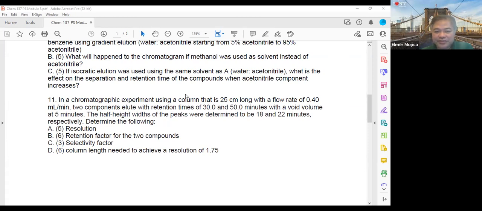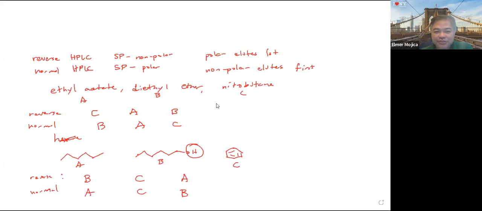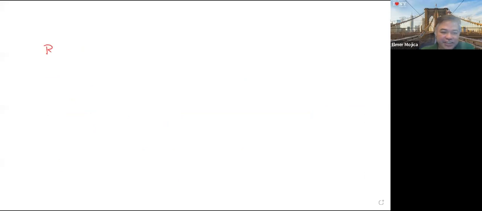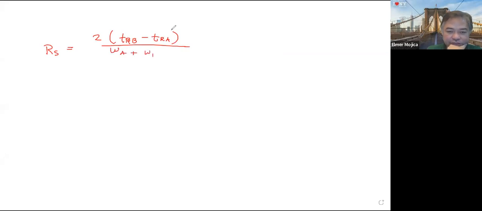How do we write the resolution? Rs equals 2 times (tRB minus tRA) over the width of A plus the width of B. Now, what are those values?